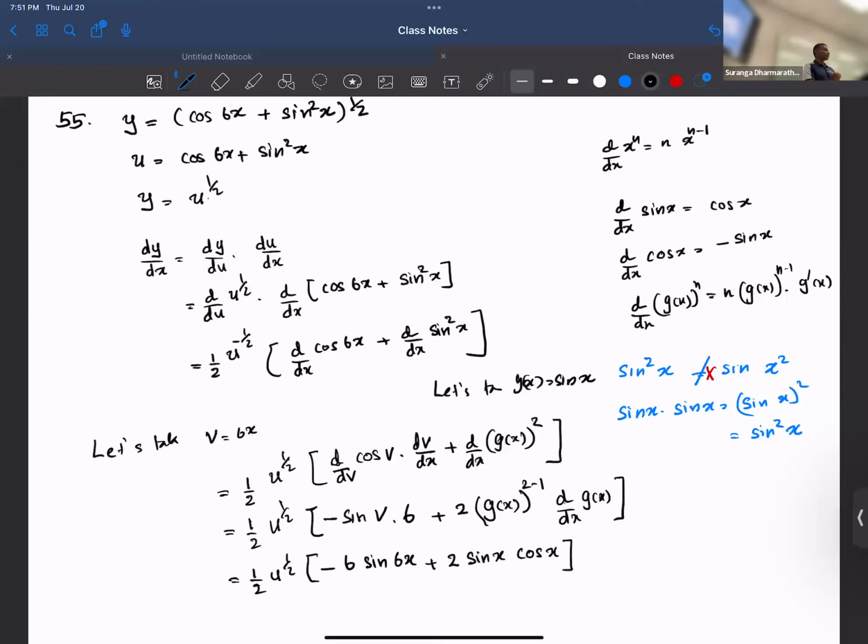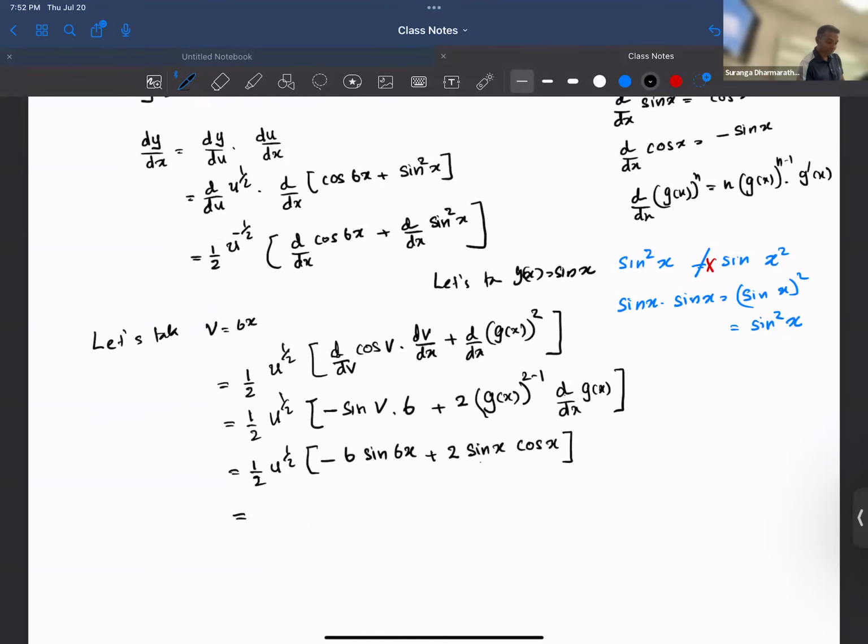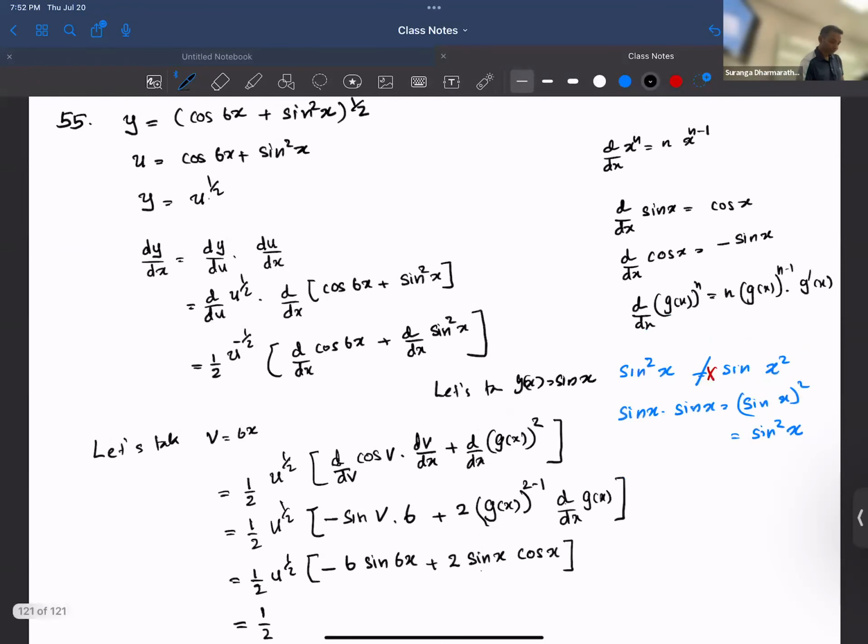Now in trigonometry, you might have learned that 2 times sine x cosine x is what? Sine 2x. I don't know whether you remember, but even though you don't remember, that's fine. You have done the differentiation. So you have half, u is what?